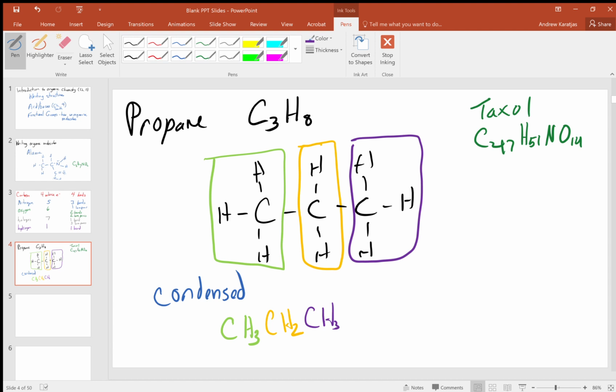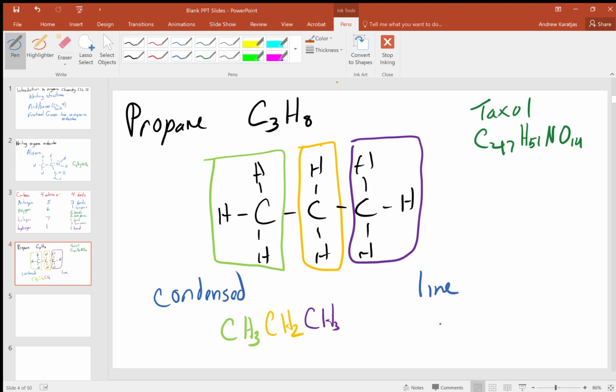So we can see already with the condensed formula that things are a little bit simpler. We still have all of the information available, but we didn't have to draw out every single bond, so a little bit easier to write. And we do use condensed structures pretty regularly, but the most common thing that we use are what are called line structures.